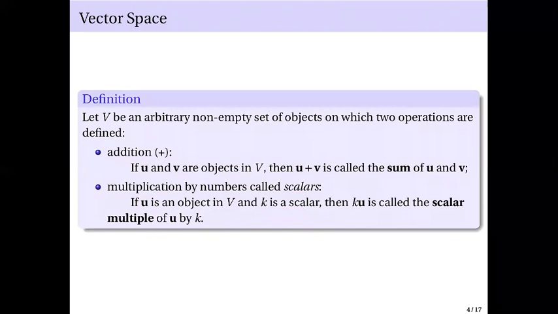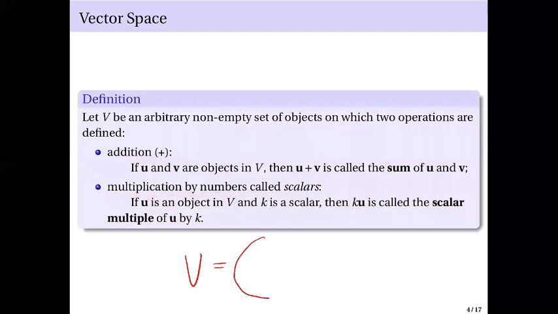Then this Ku is called the scalar multiple of U by K. So again, you have the addition and you have this multiplication by numbers, or scalar multiplication.